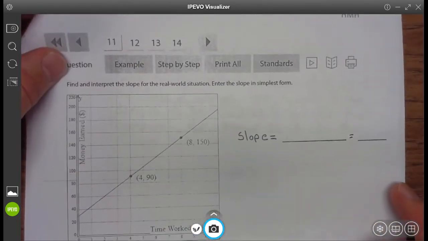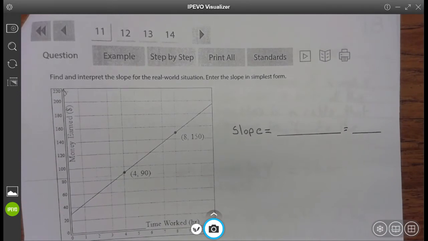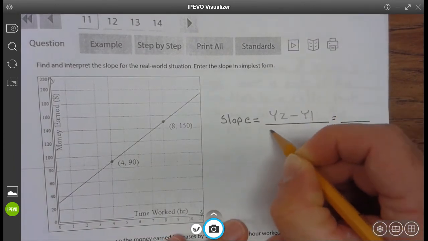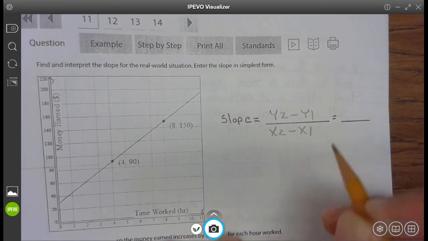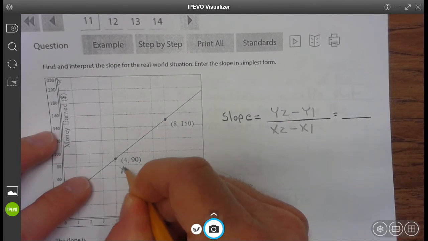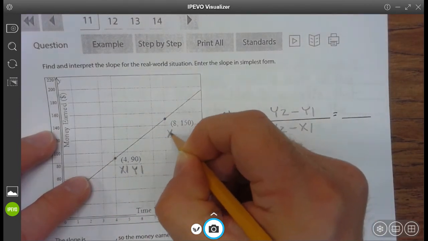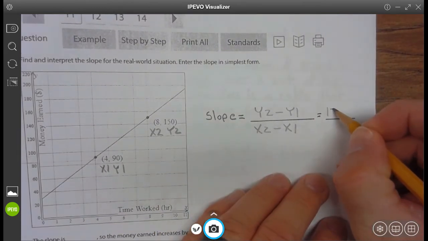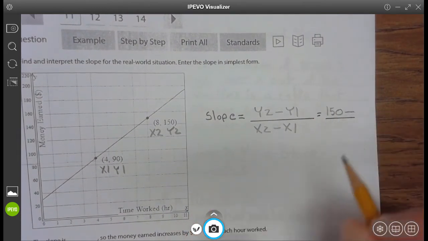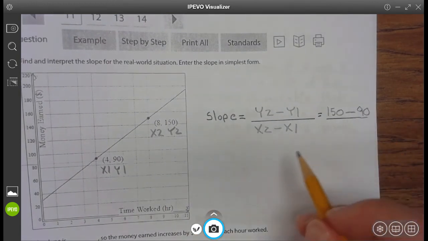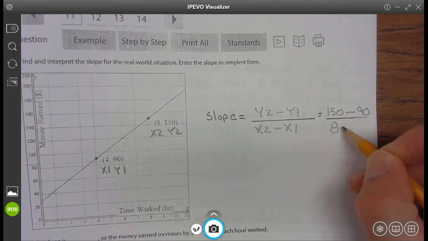All right, example 11. Find and interpret the slope of the real world situation. Enter the slope in simplest form. Okay, so we know slope is y2 minus y1 divided by x2 minus x1. And it doesn't matter which one you make x1, y1, but let's just make this x1, y1, and let's make this x2, y2. So that's 150 minus 90 divided by 8 minus 4.